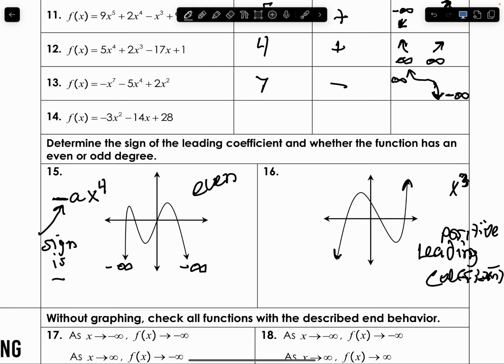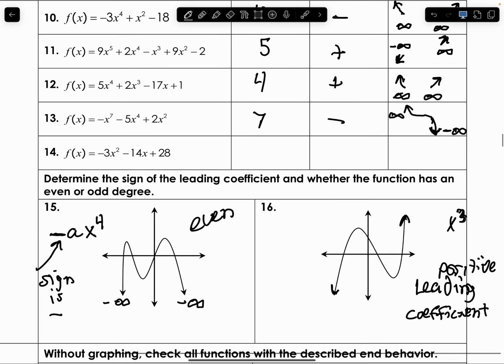Positive leading coefficient. And we can also look back to see that that's true.